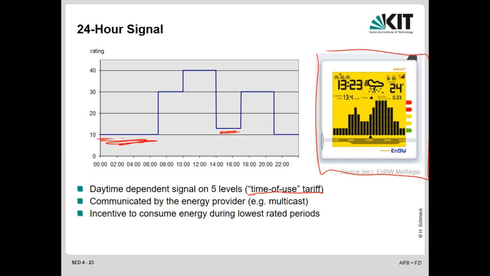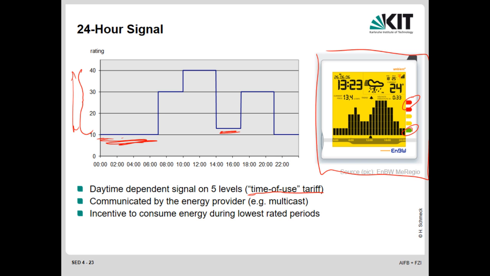So that would be of interest. But experience tells that if you look at manual user response, it's not that important how large the spread is here, how much the difference is between high price and lowest price. The main point is, is it a red price or a green price? You don't want to think about that.